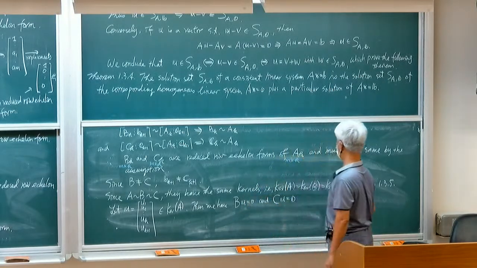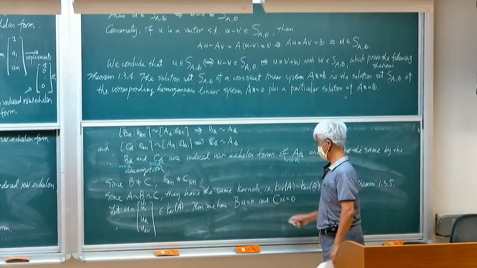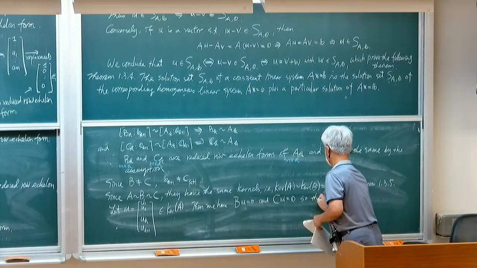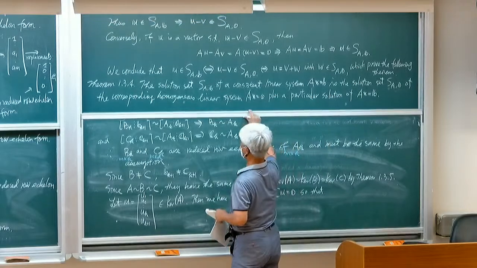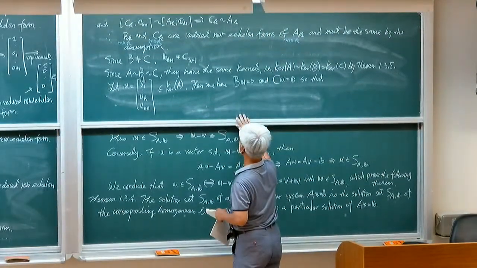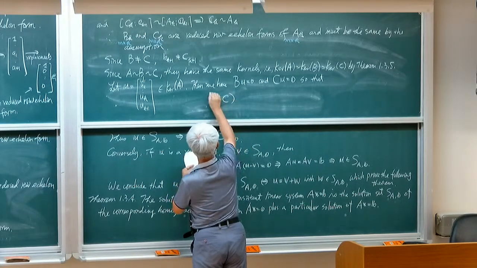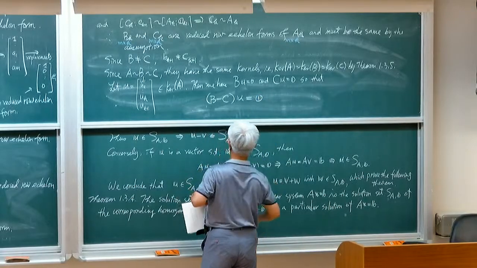Okay? So they satisfy both homogeneous linear systems, and so (B minus C) times u equals 0.